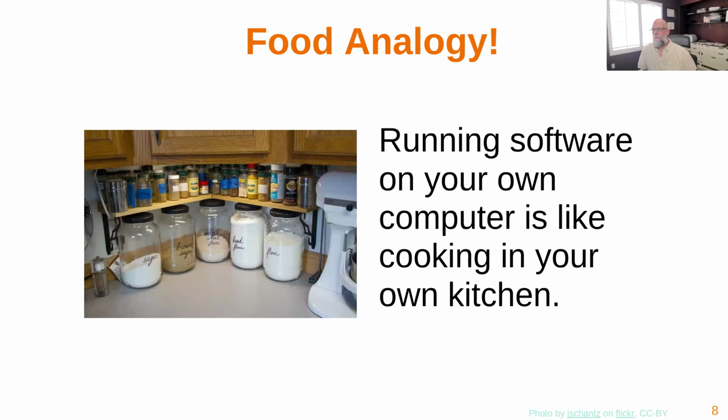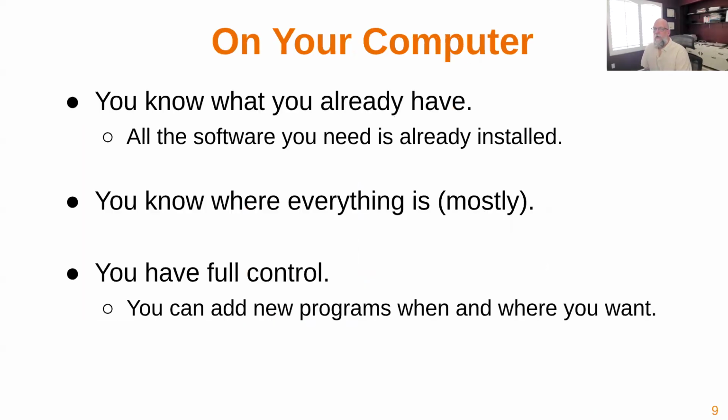So it's a very familiar place to be. And running code on your own computer is very similar. You know what you have installed, where stuff is, where the directory structure is, and so on. And if there's something else you need on that computer, you just install it. You can modify this computer; you're in full control.